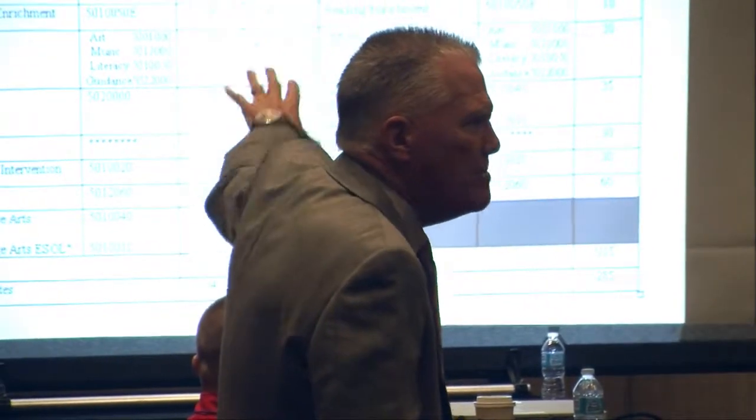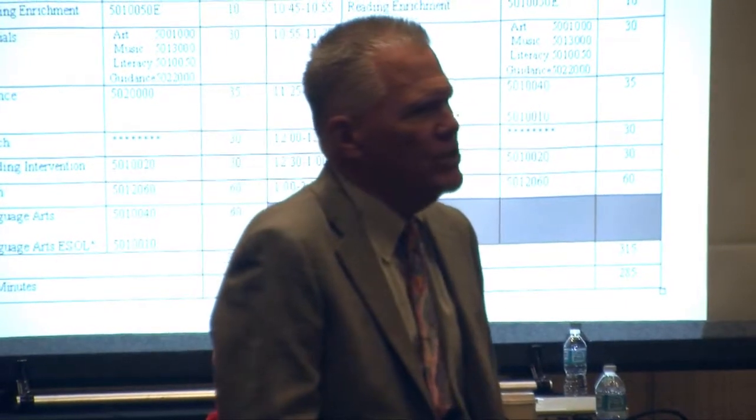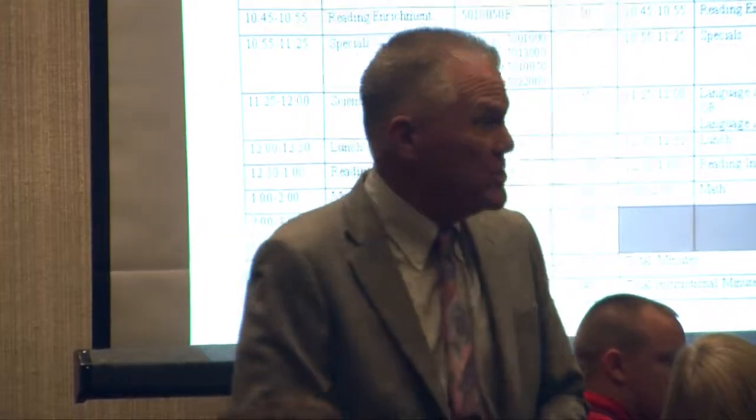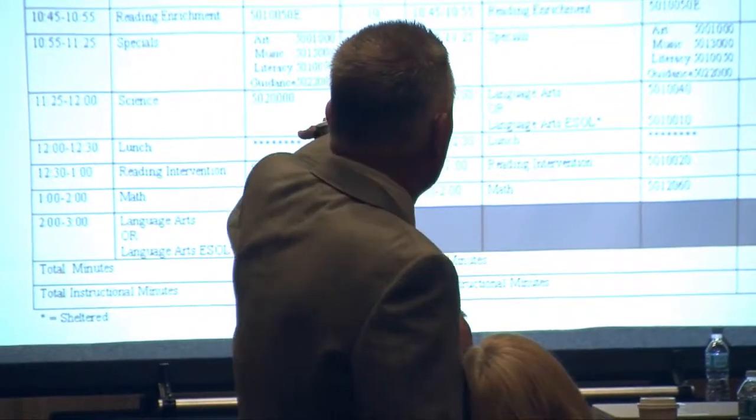We're not moving kids around like they are in high school. They've lost 90 minutes of instruction here with 11 transitions. That is a quarter of the day. So if buildings want to find extra time to give kids, it's there. This is self-imposed.